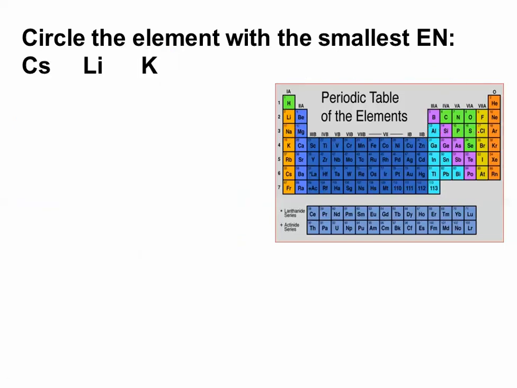All right, here's another example. So we have cesium, lithium, and potassium. So they're all in the same group. Lithium has 2 energy levels. Potassium has 4 energy levels.